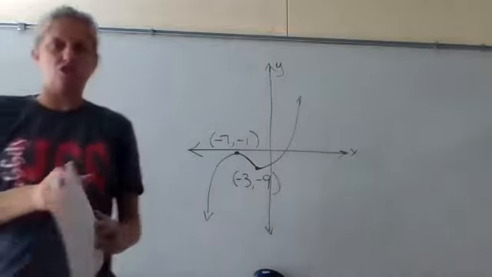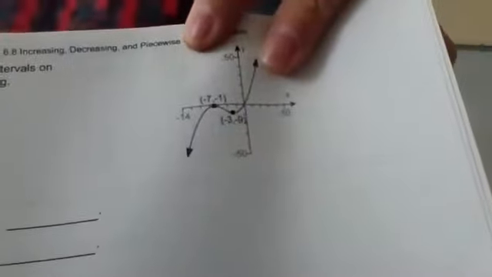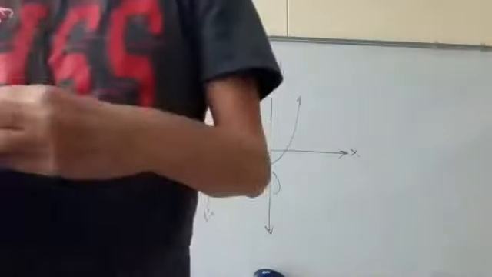Okay, so again, I just drew that shape and then labeled those points with the same ordered pairs.